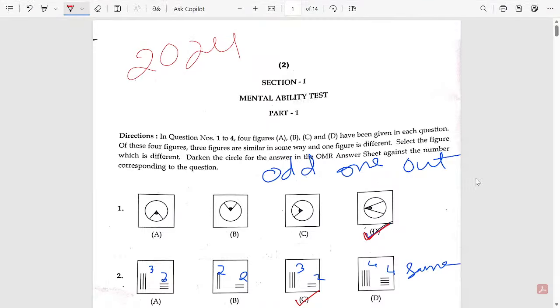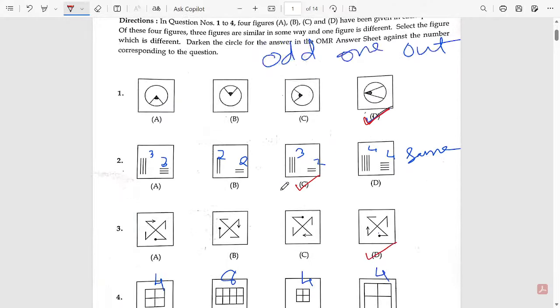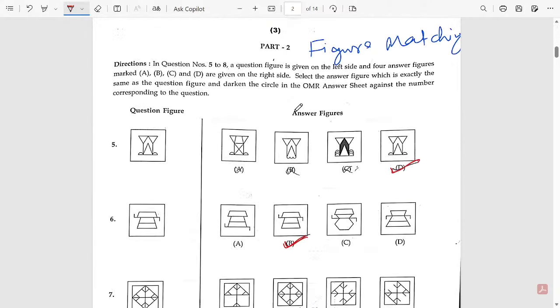Good. The first part is always odd one out, we have to find the different one. For the second, it will be figure matching, the same figure we have to find.